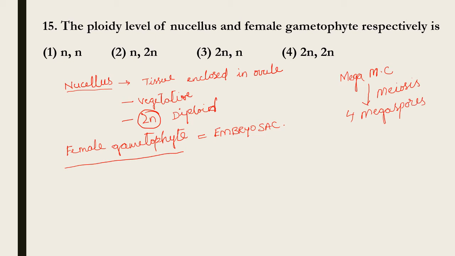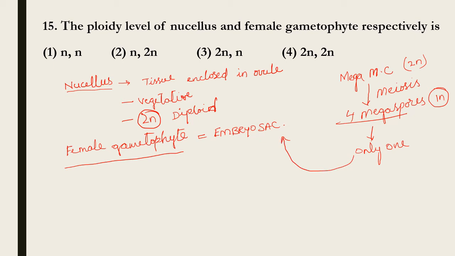The megaspore mother cell is diploid, 2N. It undergoes meiosis, resulting in the haploid condition, N. Among these four, three degenerate and only one develops into the embryo sac.